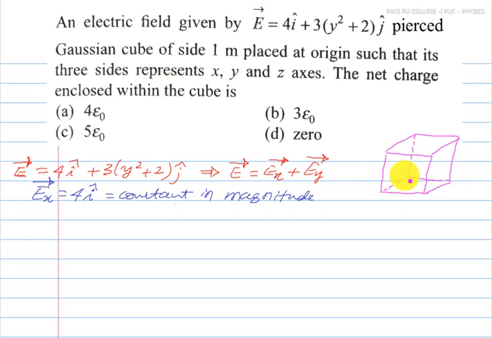I choose this one as the origin. Say it is A, B, C, D, and this is my E, F, and this is G, and this is H.